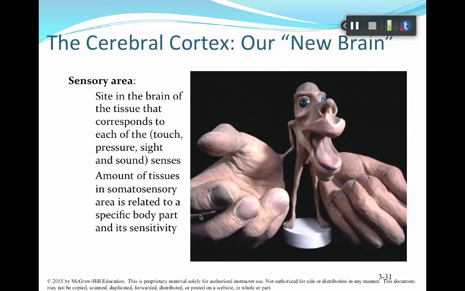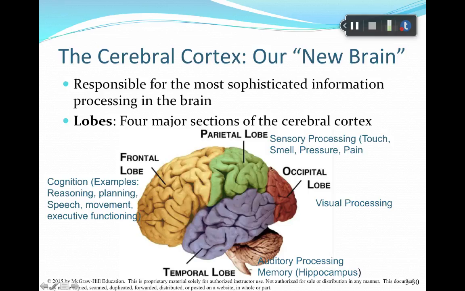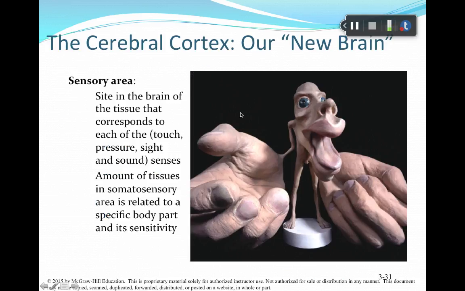And in our cerebral cortex, there's what we call the sensory area. So the somatosensory area is found right about here. And this diagram gives us an understanding that the amount of tissue in the somatosensory area is related to the sensitivity of the body part.